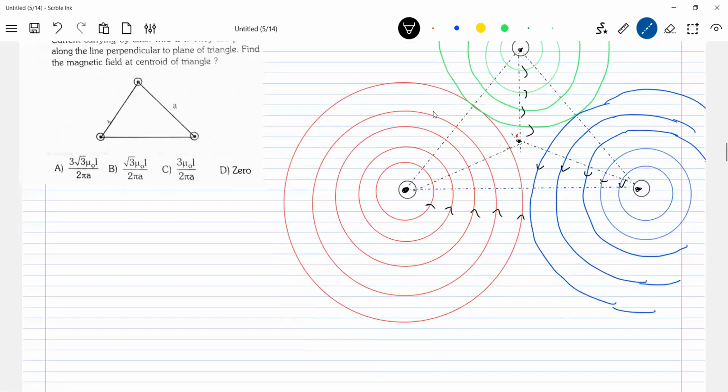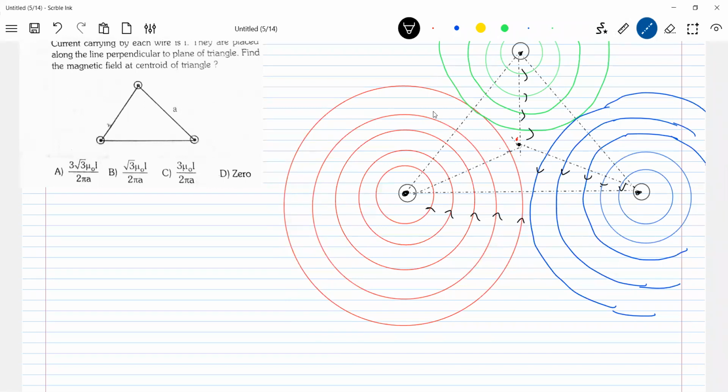So immediately now take help of this triangle. Now it will be with this one.